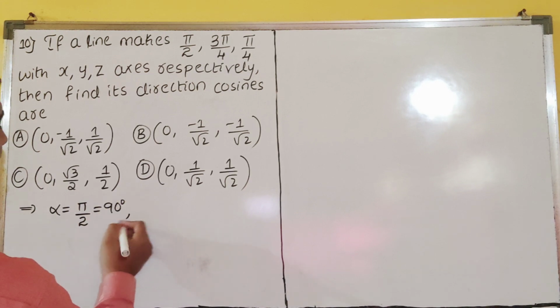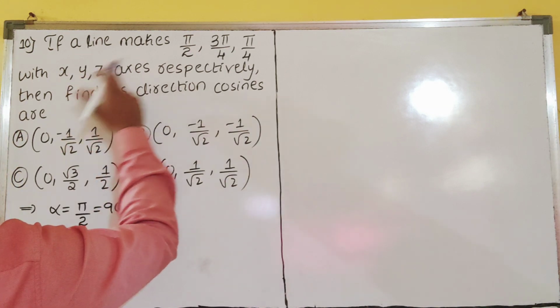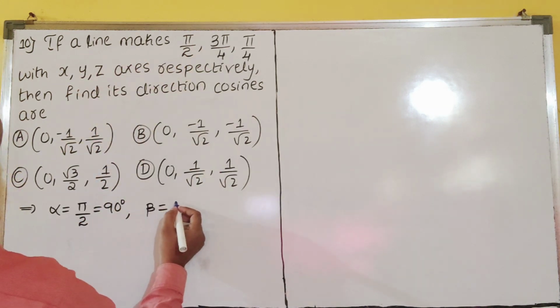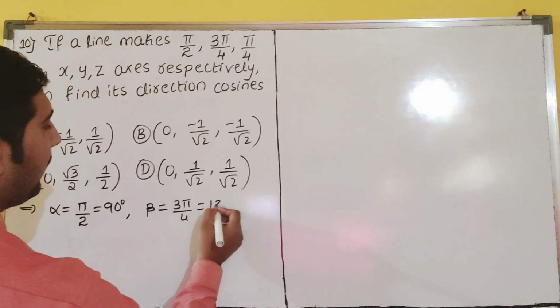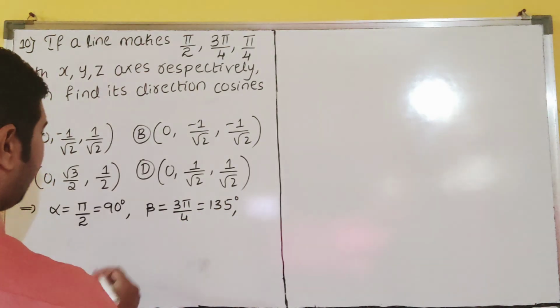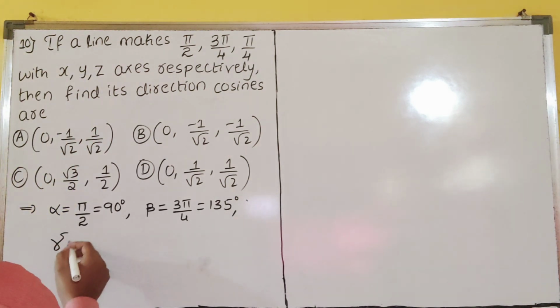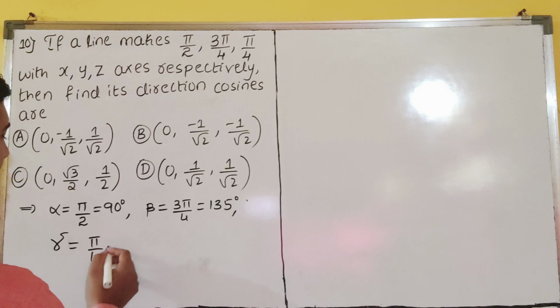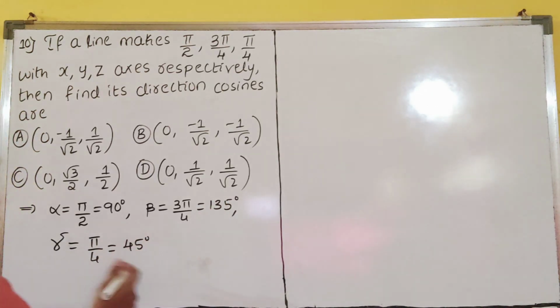So beta is how much? The angle with y axis is 3 pi by 4, which is 135 degree, dear students. And gamma is given as pi by 4, which is 45 degree.